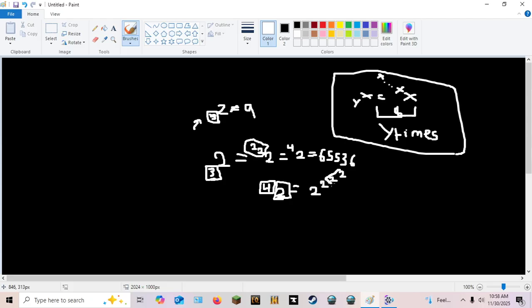We gotta start with this. Okay, so 2 squared is 4, and then 2 raised to the 4th power is 16, which equals 2 raised to the 16th power, giving us this. That's how you calculate the basic pentation expressions.